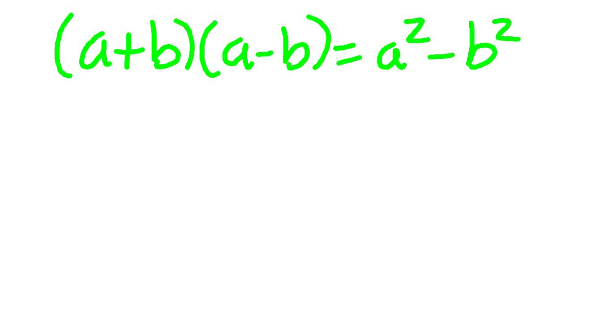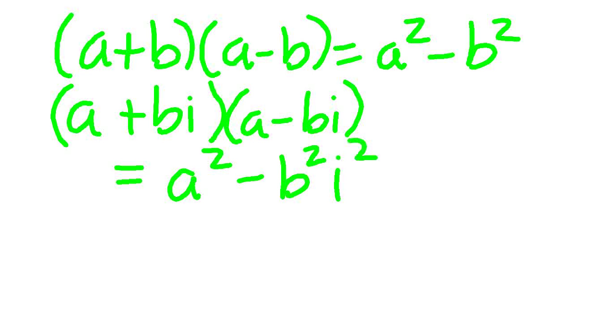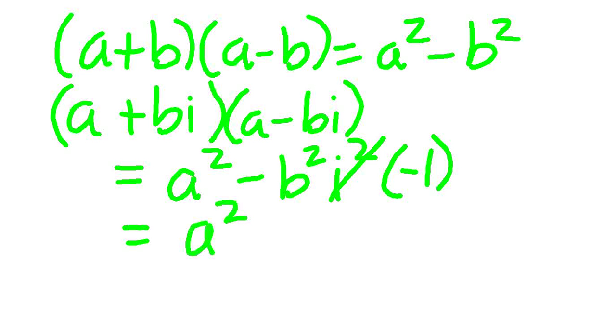We have a difference of squares, and then when we have a + bi times its complex conjugate, a - bi, we have a squared minus b squared i squared, which we can simplify further because i squared equals negative 1. So that's a squared plus b squared. And we have a sum of squares. And you'll notice that we've gotten rid of the i's.